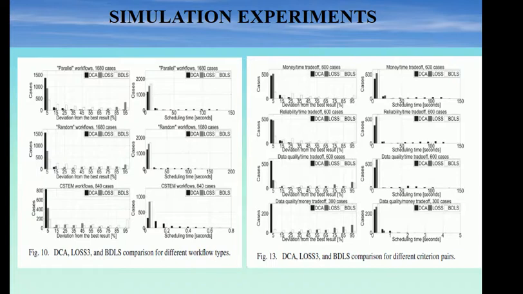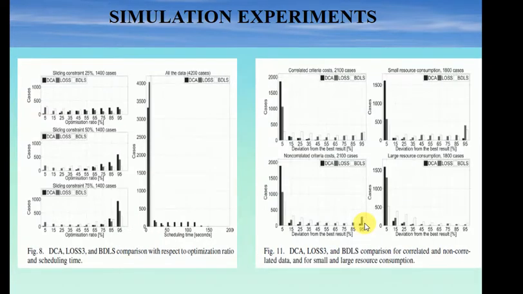And the next is the comparison of correlated and non-correlated data for the small and large resource consumption. Here first we have to get to know what is correlated and non-correlated. For the non-correlated, the costs are generated randomly, whereas for the correlated, the cost values are generated to create a trade-off between the 2 criteria.